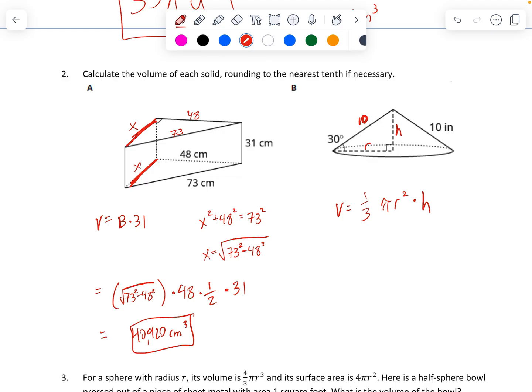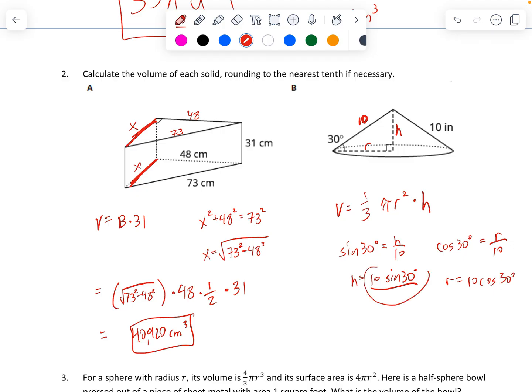So in order to do that, let's do sine first. So sine 30 degrees is going to be h over 10. So h is 10 sine 30. Okay? And then to find r, we're going to do cosine 30 is the radius over 10.